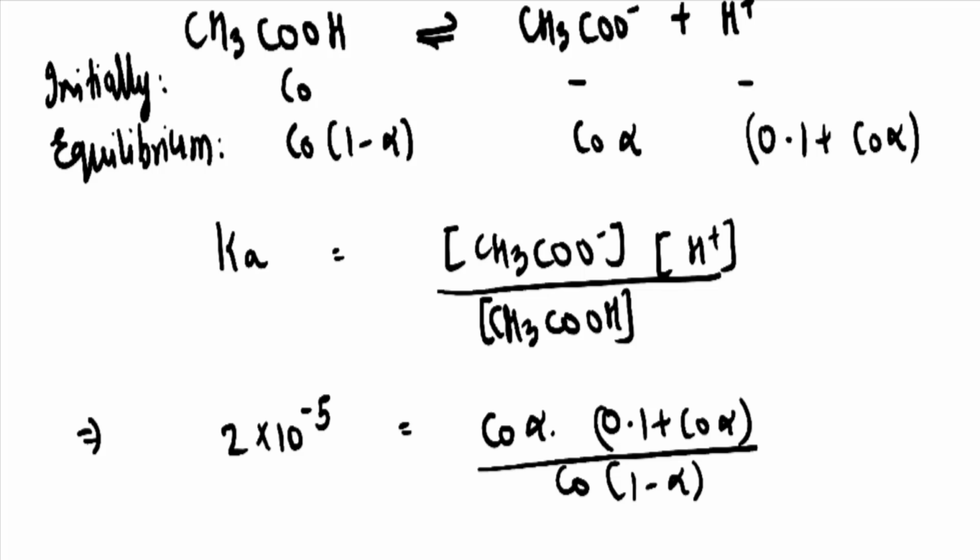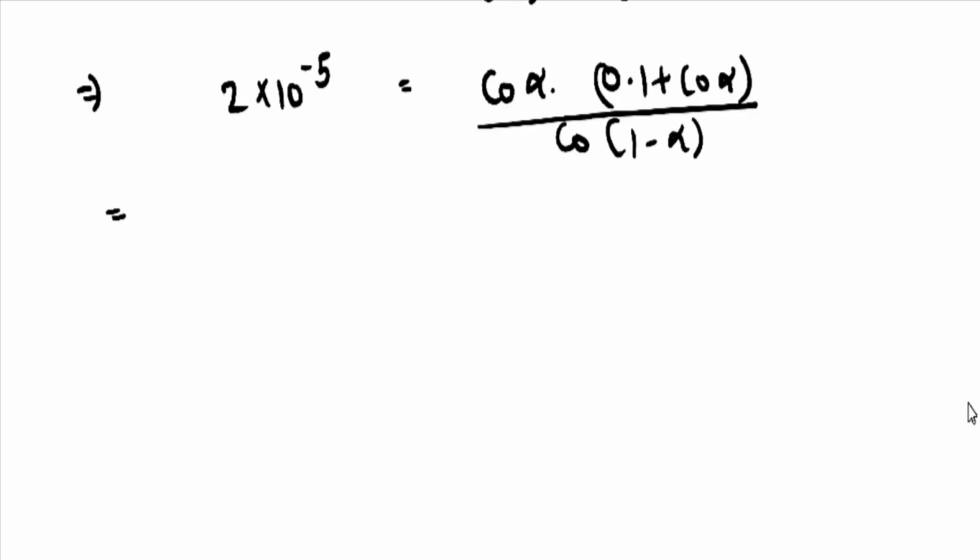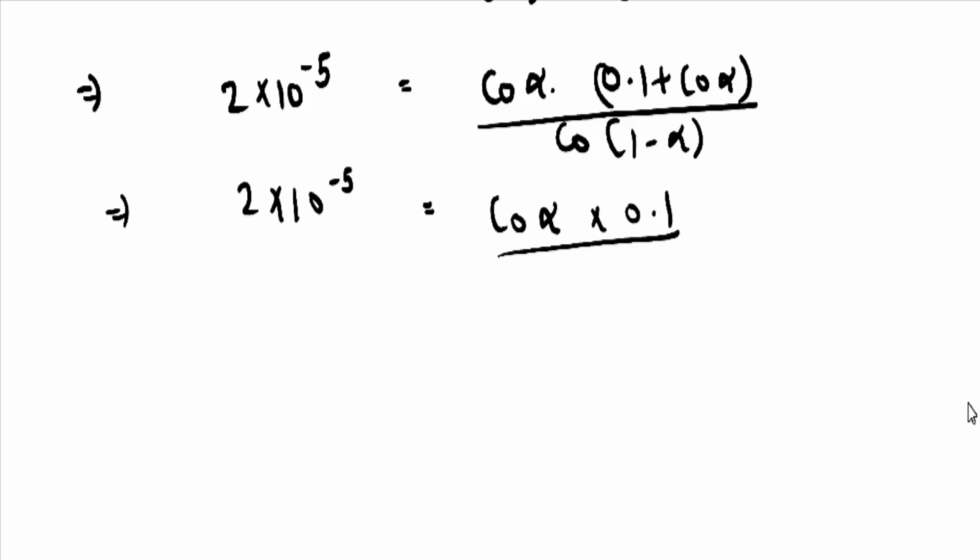Since our alpha term is very small, we can write it as 2 into 10 raised to the power minus 5 equals C0 alpha into 0.1 divided by C0 into 1 minus alpha.